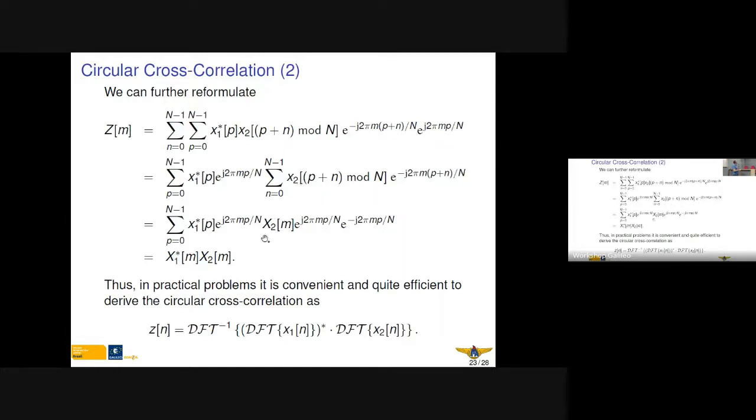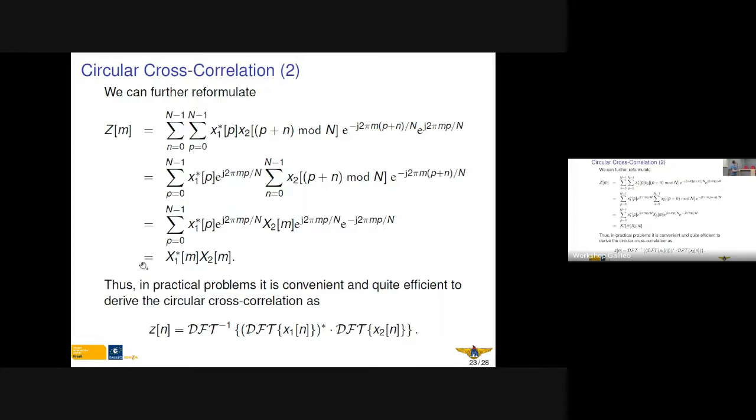This would be then X2 of m times e to the j2 pi mp divided by N times e to the minus j2 pi mp divided by N. And we have also here then these two terms, x1 conjugate of p times the exponential function e to the j2 pi mp divided by N. And now we can see that this becomes 1, the multiplication of the last two terms, and the first sum is the Fourier transform of x1 conjugate.